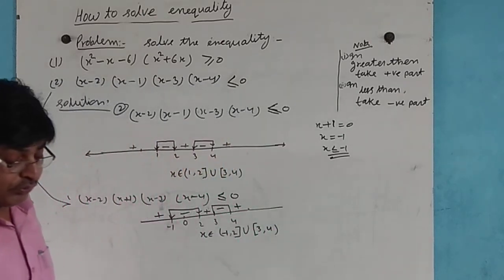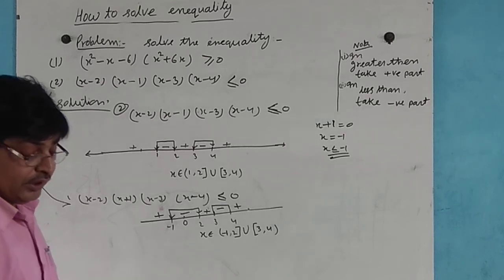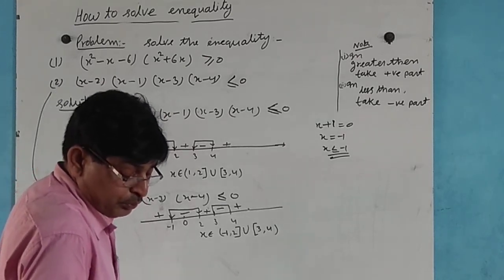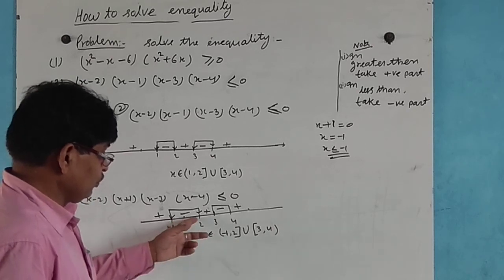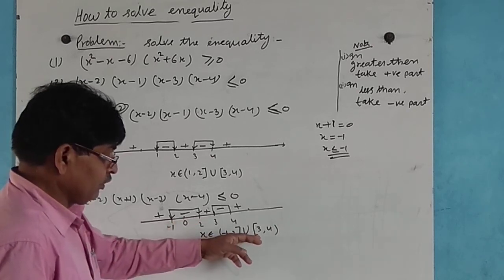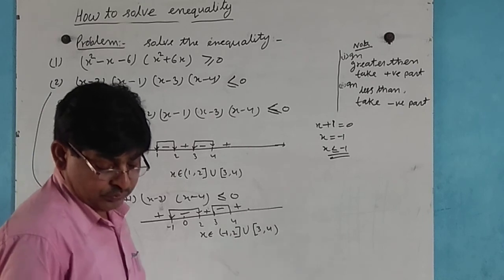This is the value of x. x belongs to minus 1 to 2 union 3 to 4.